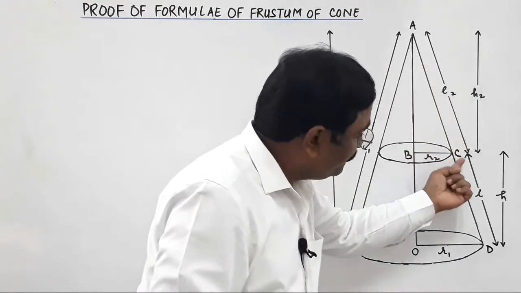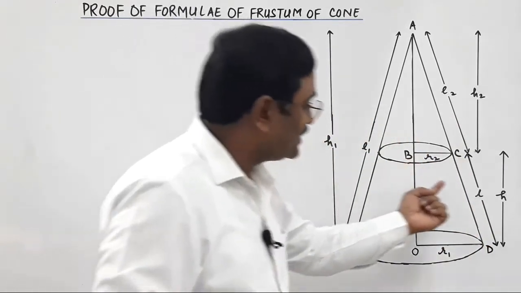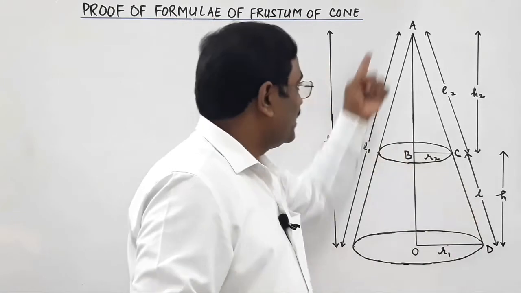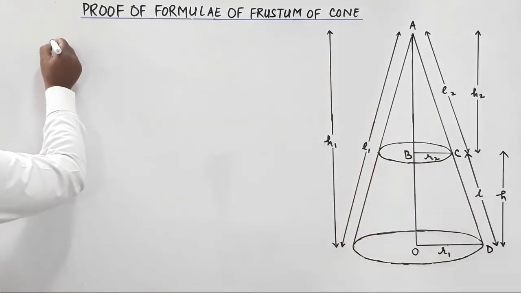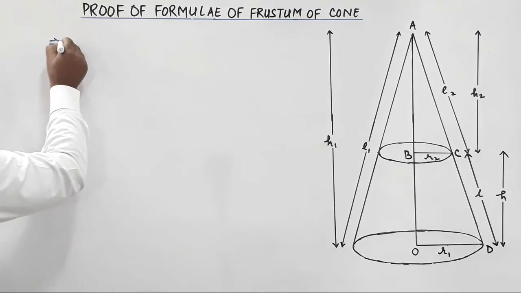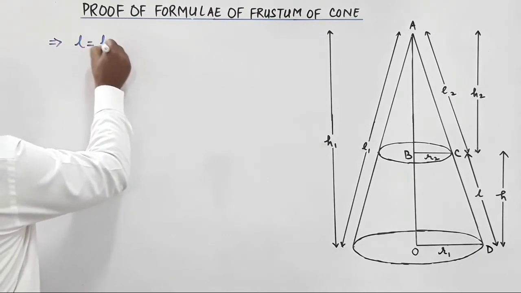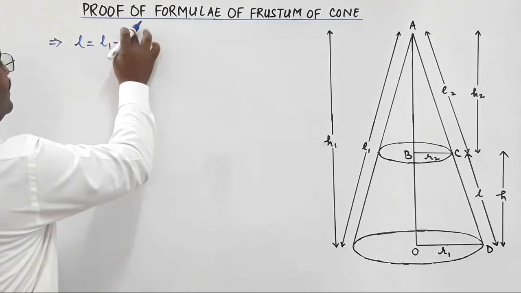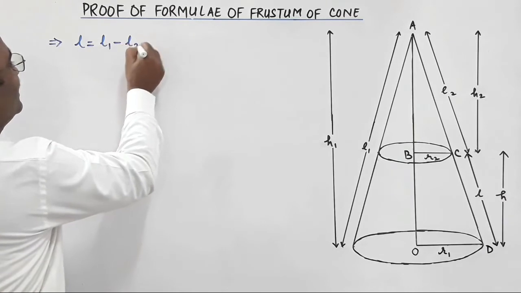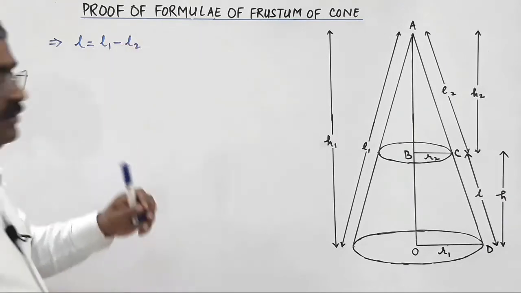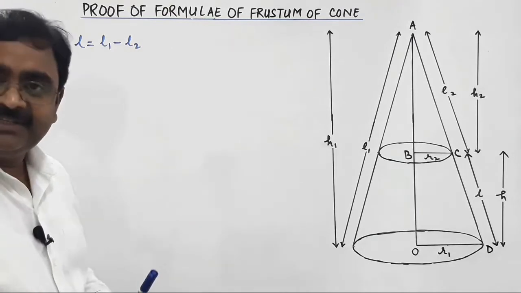If L is the slant height of this frustum of cone, then L is equal to L1 minus L2, that is, the slant height of the big cone minus the slant height of the small cone, right?